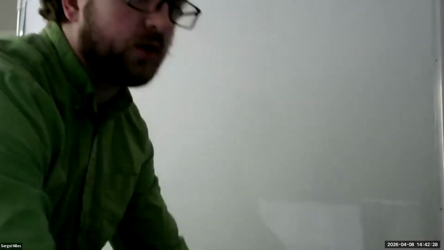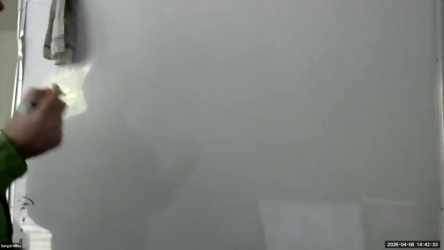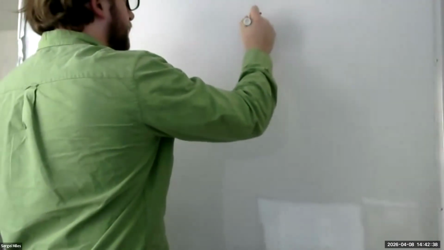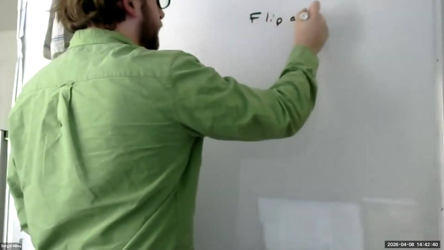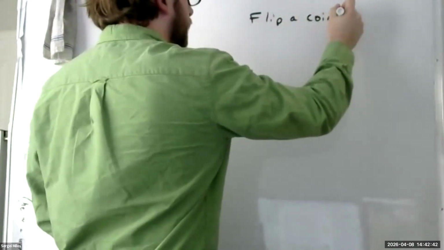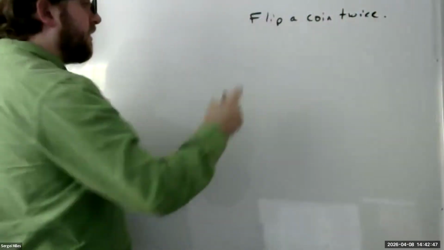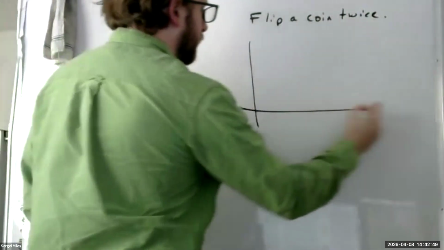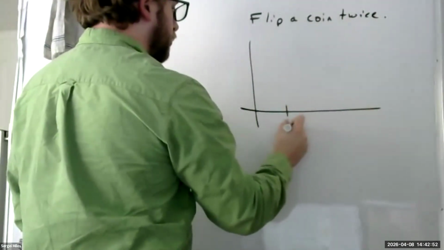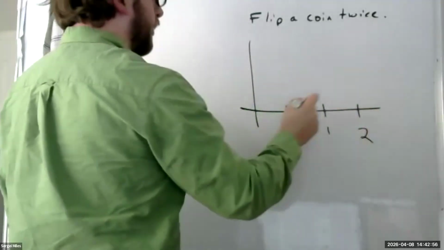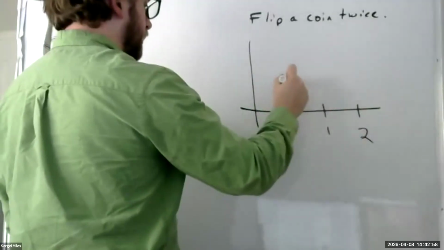And just to back up and give us intuition for why we're doing what we're doing in chapter 5, recall as we keep going back to this coin flipping problem, where if I flip a fair coin twice, then we had this probability distribution where I could get zero heads, one head, or two heads.